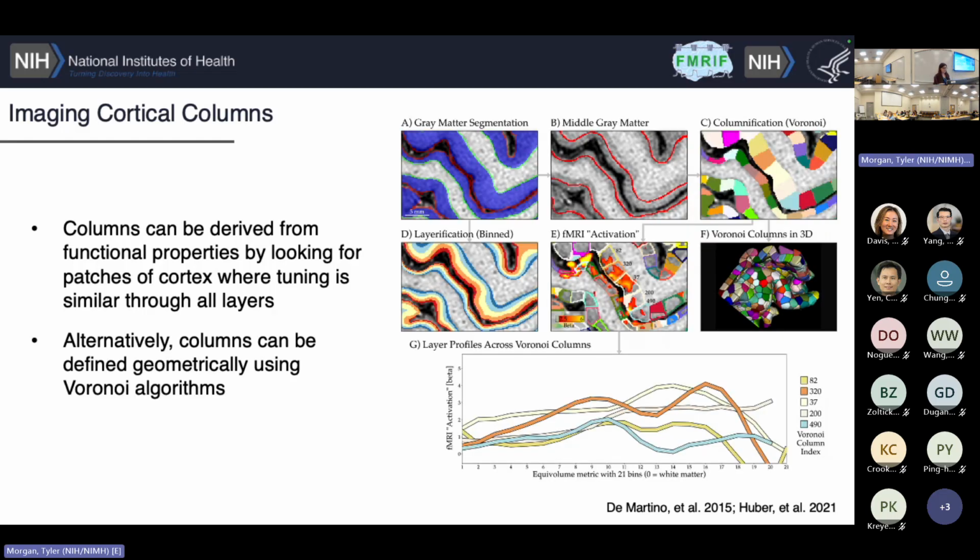Alternatively, you can just think about this as, okay, we're probably never going to get it exactly lined up necessarily, but we can just divvy it up geometrically. So we can take the whole cortex and split it up into these little patches that you can see a 3D rendering of on the right-hand side there. This is only a small patch of brain, but you can do this over the entire brain.